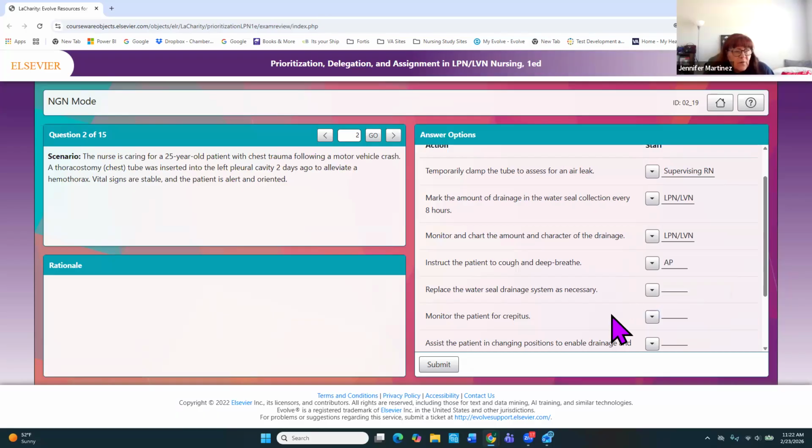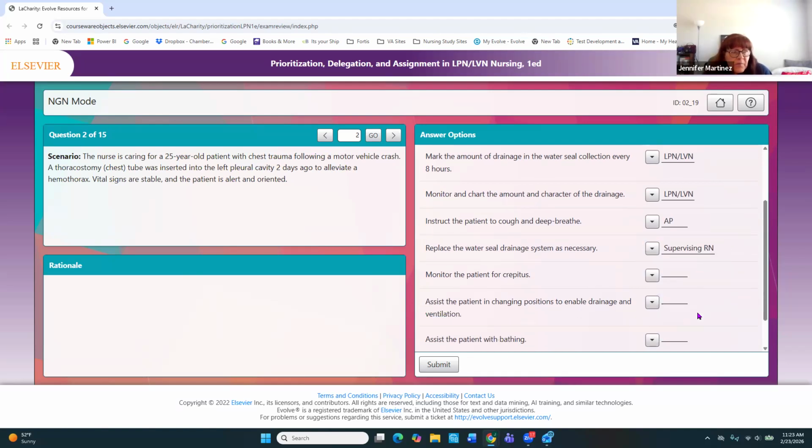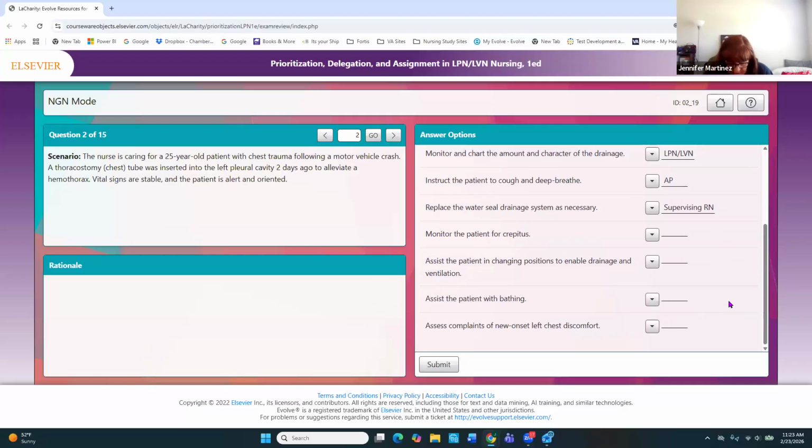All right. Replace the water seal drainage system as necessary. RN. All right. Monitor the patient for crepitus. LPN.